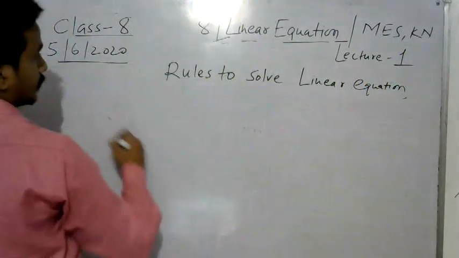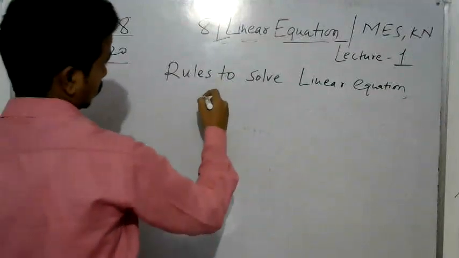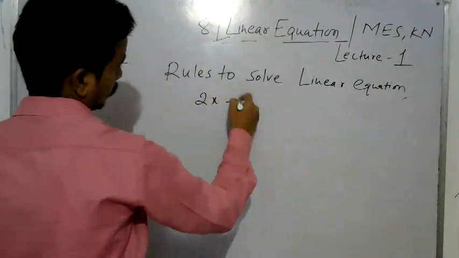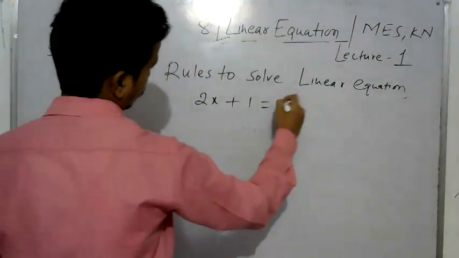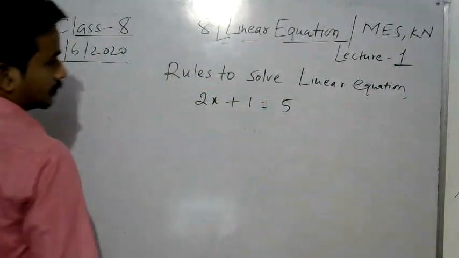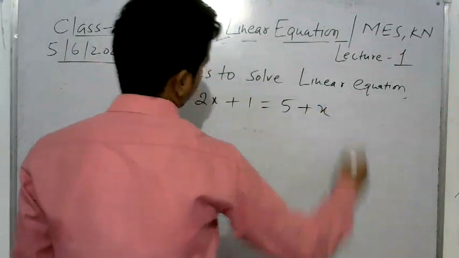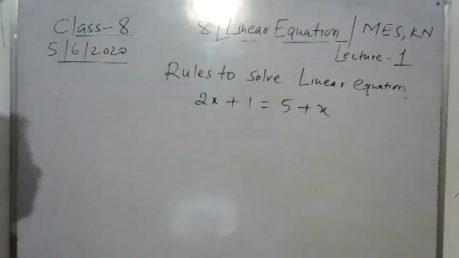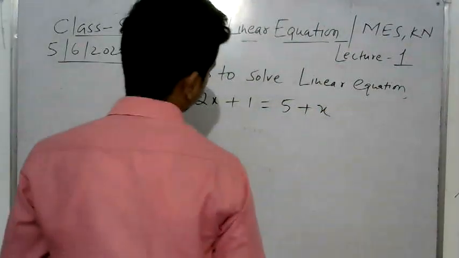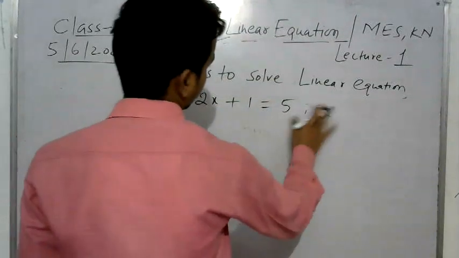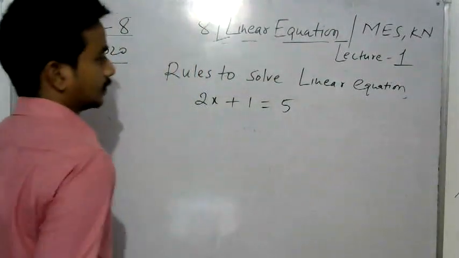Okay, so the first rule is, suppose there is an equation 2x plus 1 equals 5 plus x. Or you may say, leave it, 2x plus 1 equals 5.